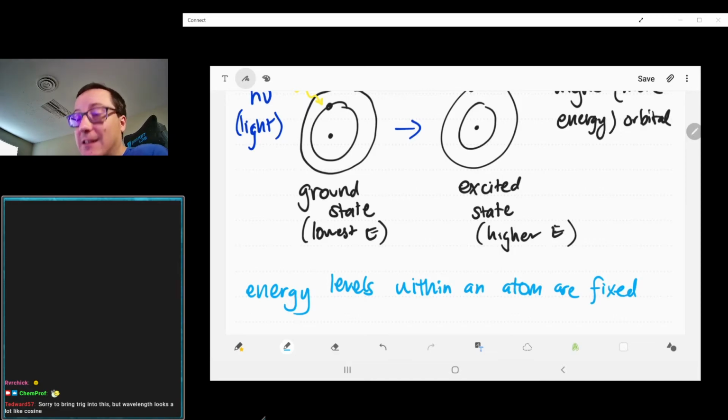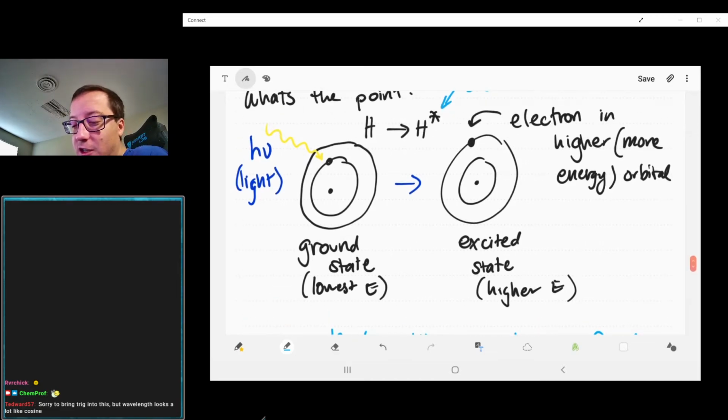Meaning it takes a certain amount of energy for us to, let's say if this is hydrogen, move that electron from its ground state into an excited state will take a certain exact amount of energy. And it's going to be what's called quantized, meaning you can't just give it any energy you want. You have to give it specific ones. And those specific ones are the only ones that those electrons can absorb.